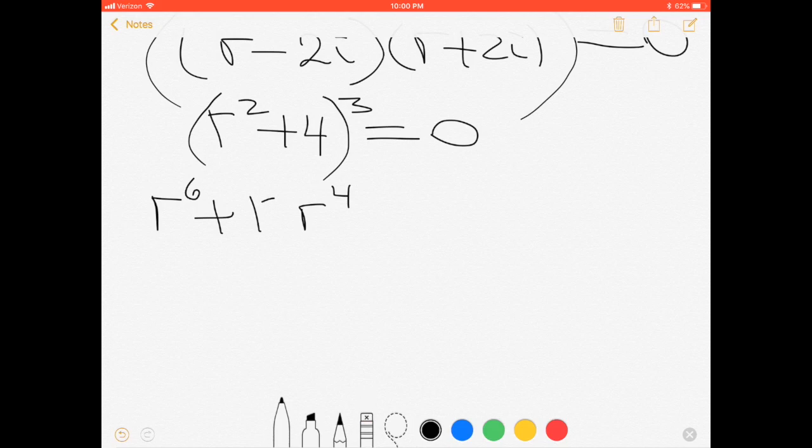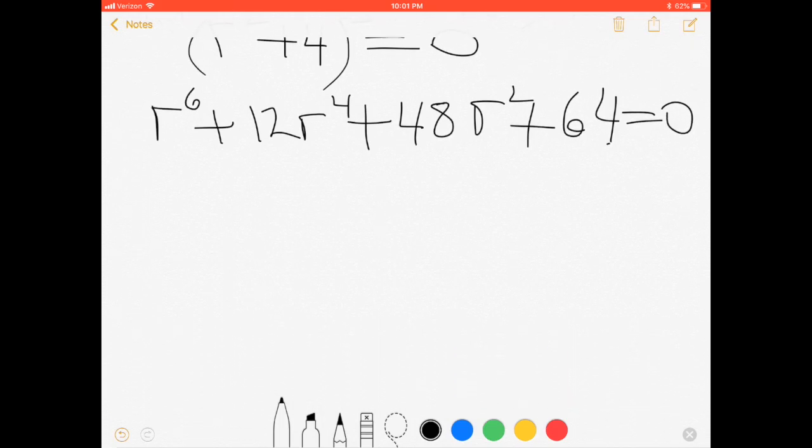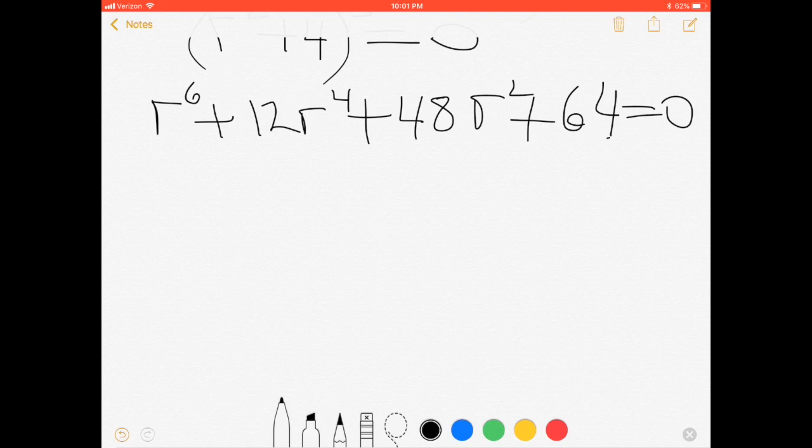It's 3 times 4, it will be 12. Then plus 16 times 3 will be 48 r squared, and plus 4 to the 3rd power, it gives us 64 equals 0.